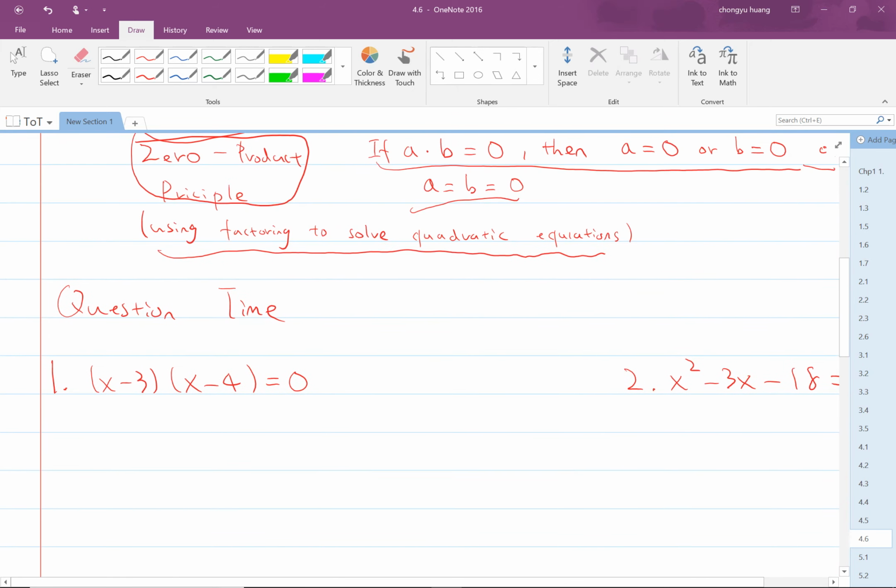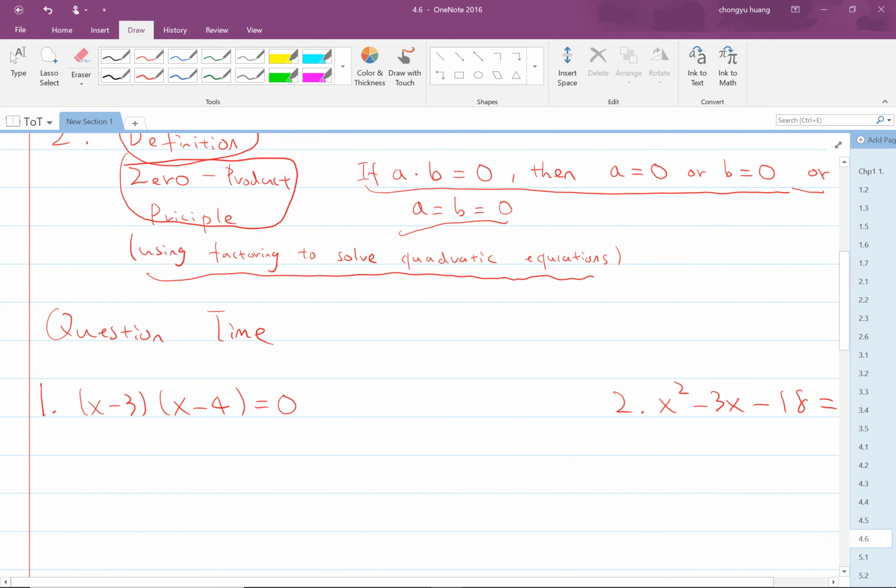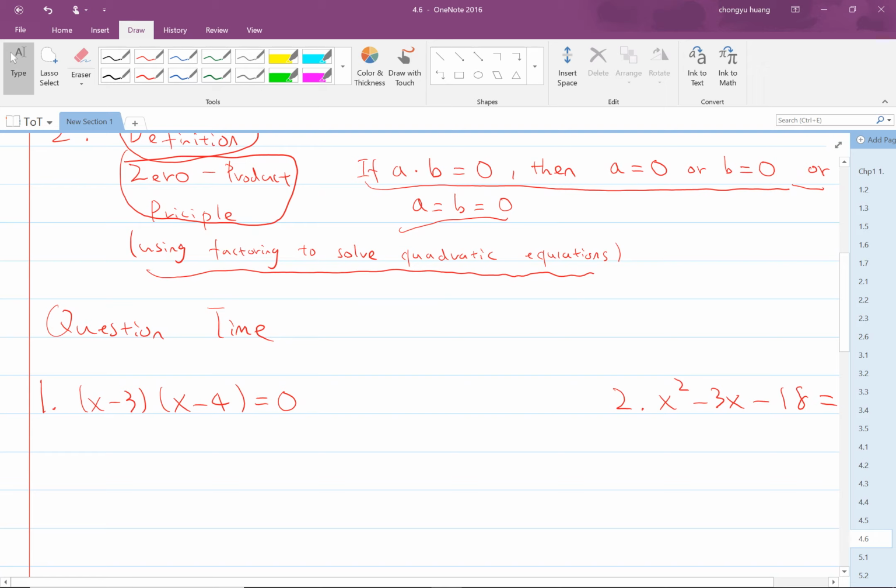I just want to mention the zero product principle again. For question 1, we can apply it because the principle states that a multiplied by b is equal to 0, which is exactly the statement in question 1.